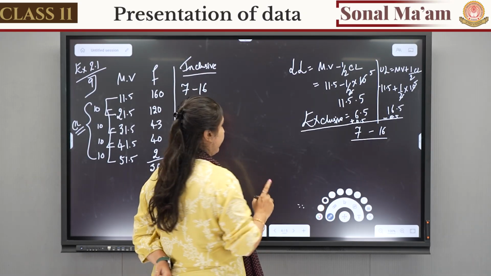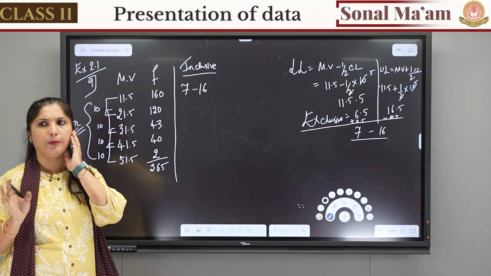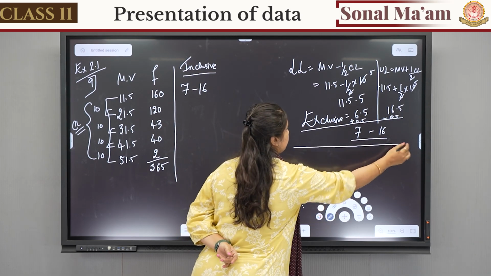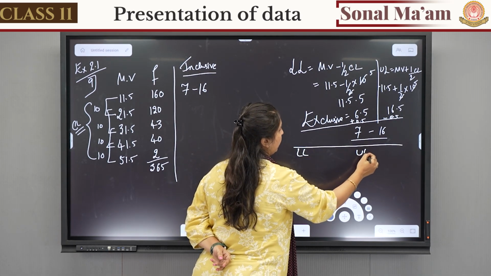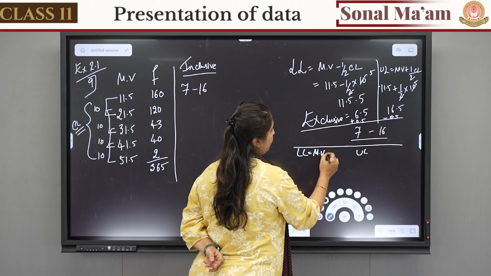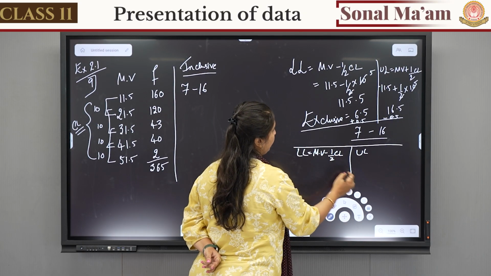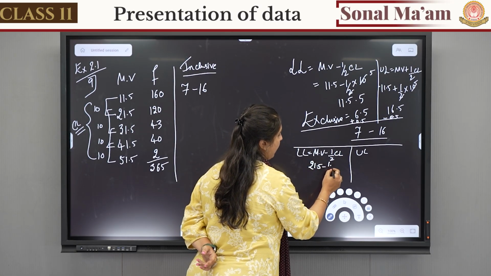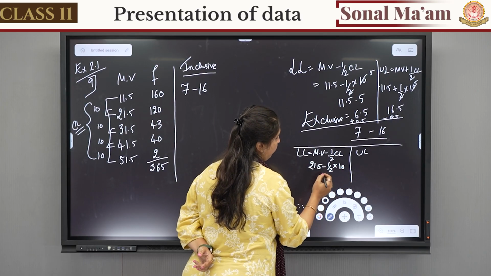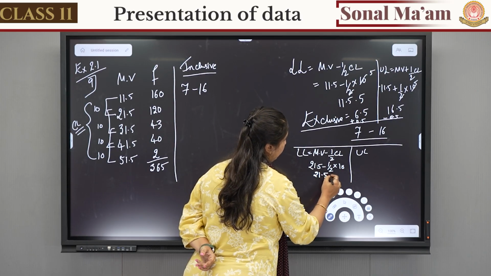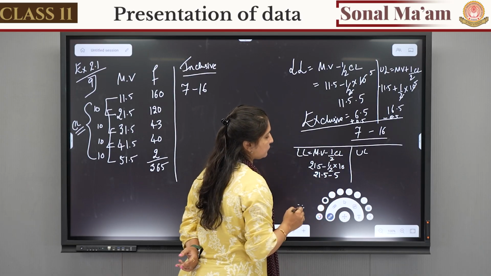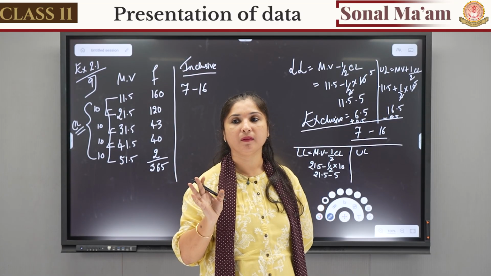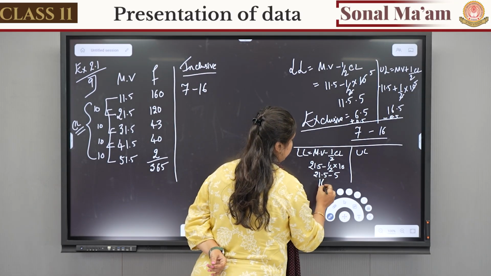Okay, let's try the next one. If we get the series, you will be able to understand what to do. Let's find the next class. Again find the lower limit and the upper limit. Lower limit is mid value minus half class length. Mid value is 21.5, so 21.5 minus half into 10, that is 21.5 minus 5, which is 16.5.